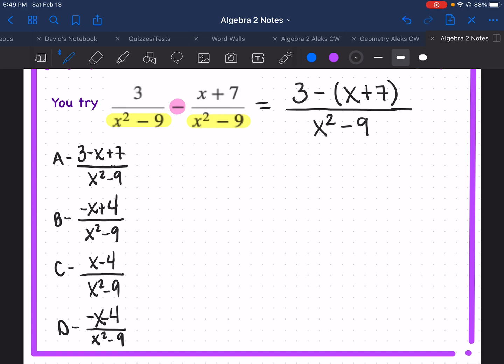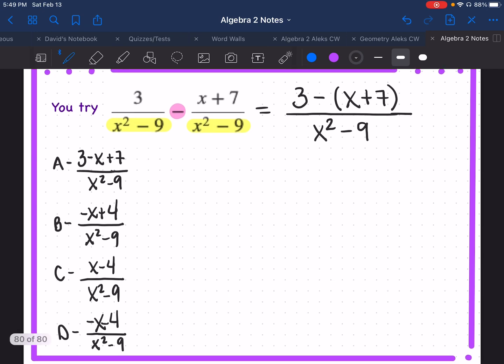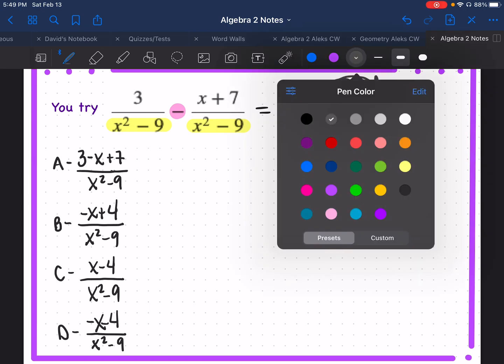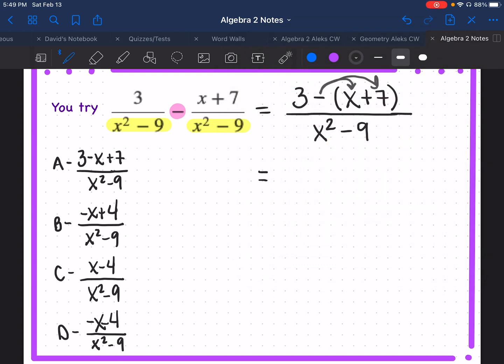So you need to write it like this so that you can distribute. This is going to become a negative x, and this is going to become a negative 7.